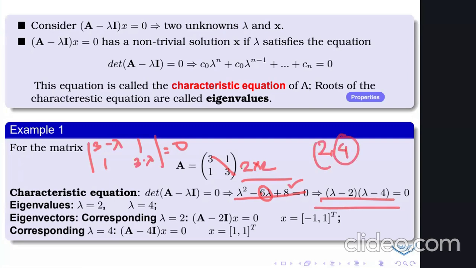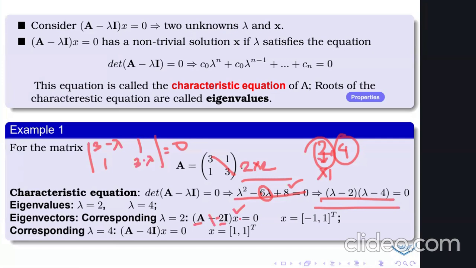Corresponding to each eigenvalue, we can have an eigenvector. So this will be x1. For this, we have (A - 2I)x = 0. We have to search for x. This is again a system of equations. In linear algebra, from the beginning, we are only emphasizing the system of linear equations.